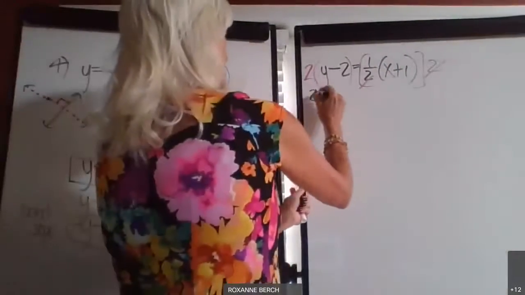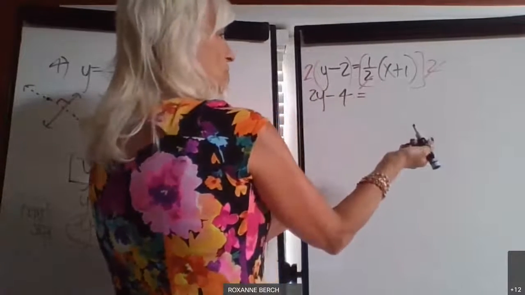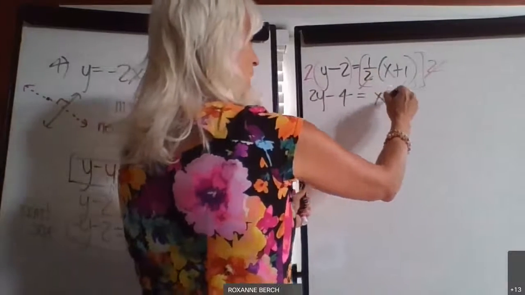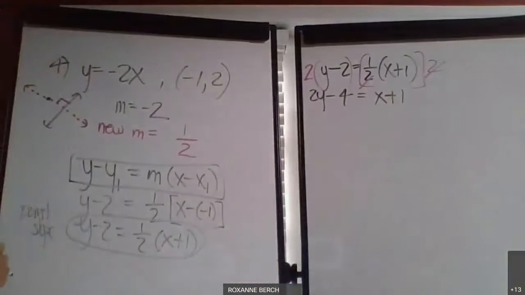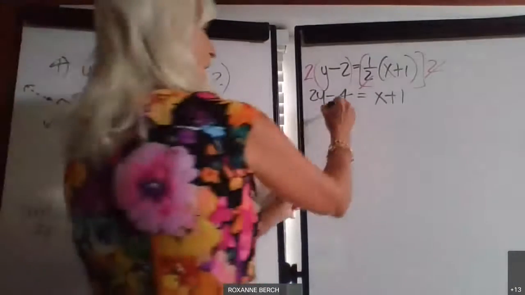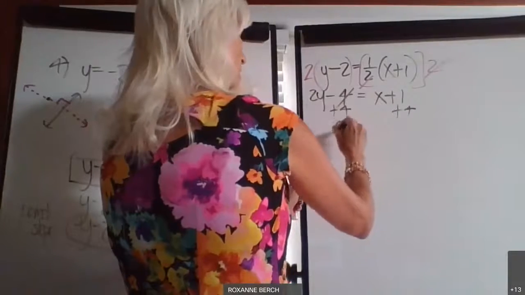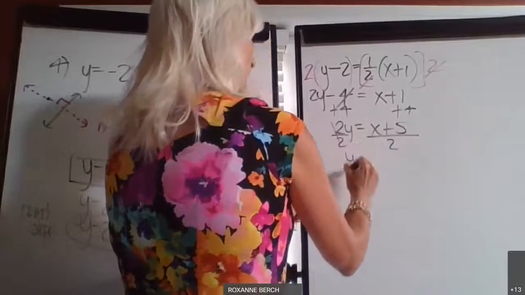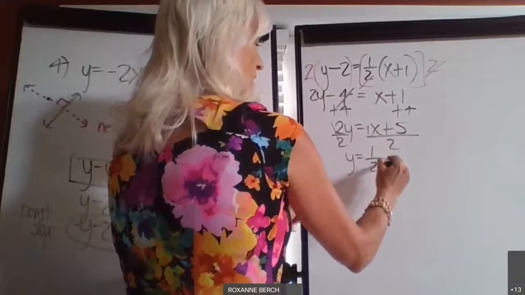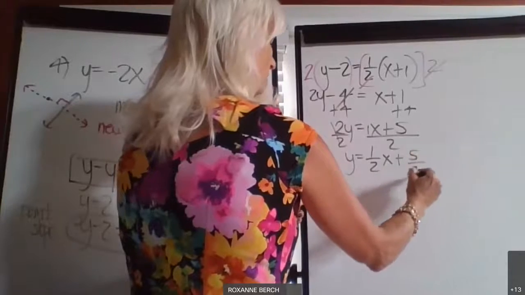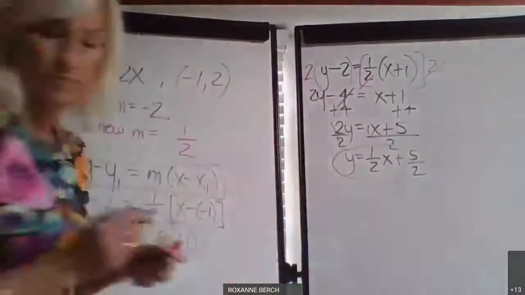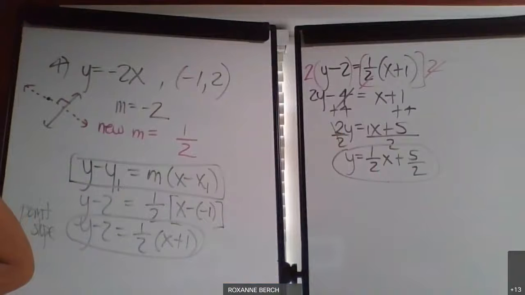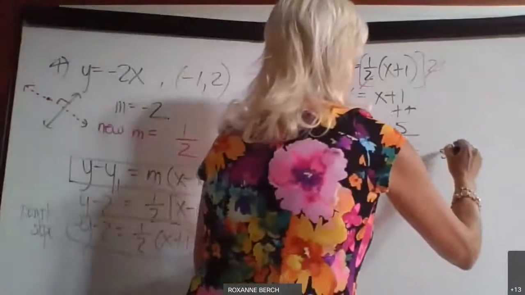So you end up with 2y minus 4 is equal to 1 times x plus 1. Now all you do is solve for y. You add 4, 2y is equal to x plus 5, divide both sides by 2. Y is equal to 1/2 x plus 5/2 in slope-intercept form. That is the correct answer. So this is point-slope form, and this is slope-intercept form.